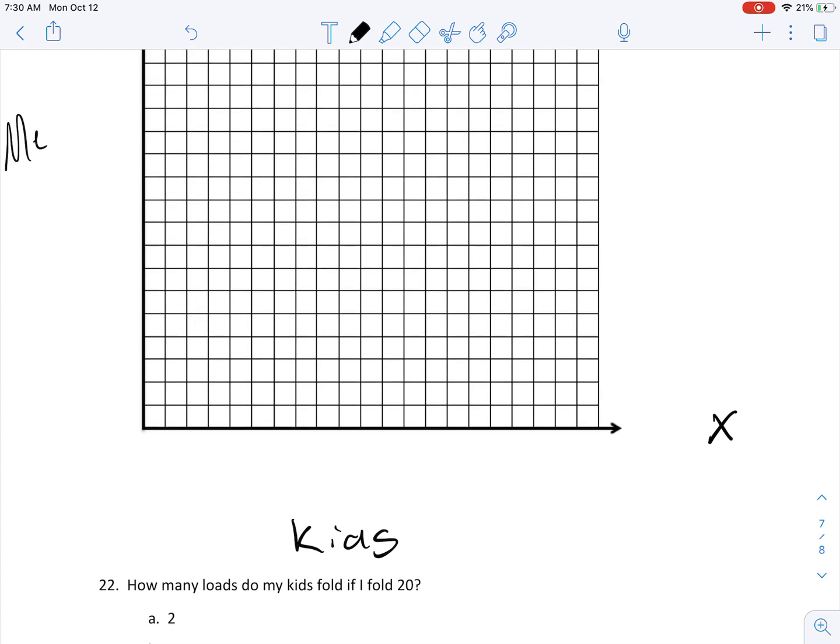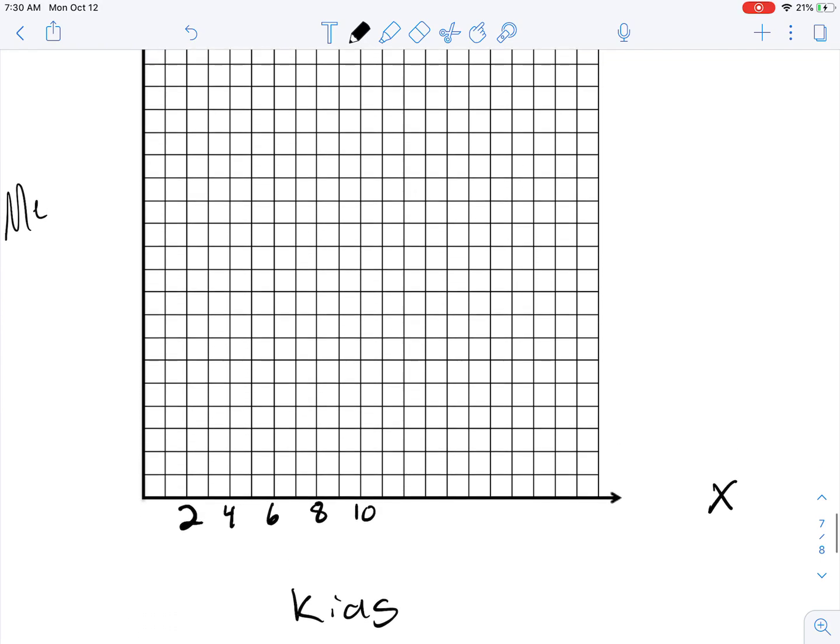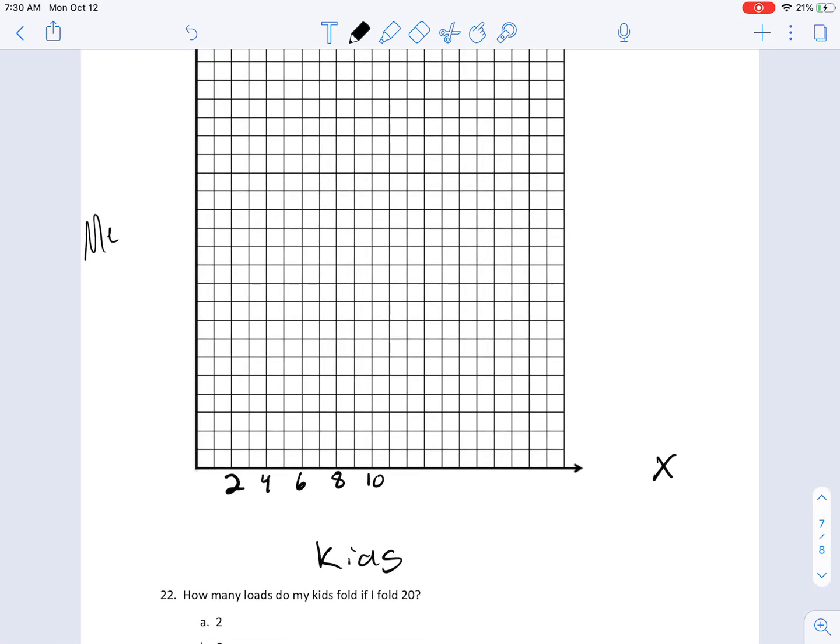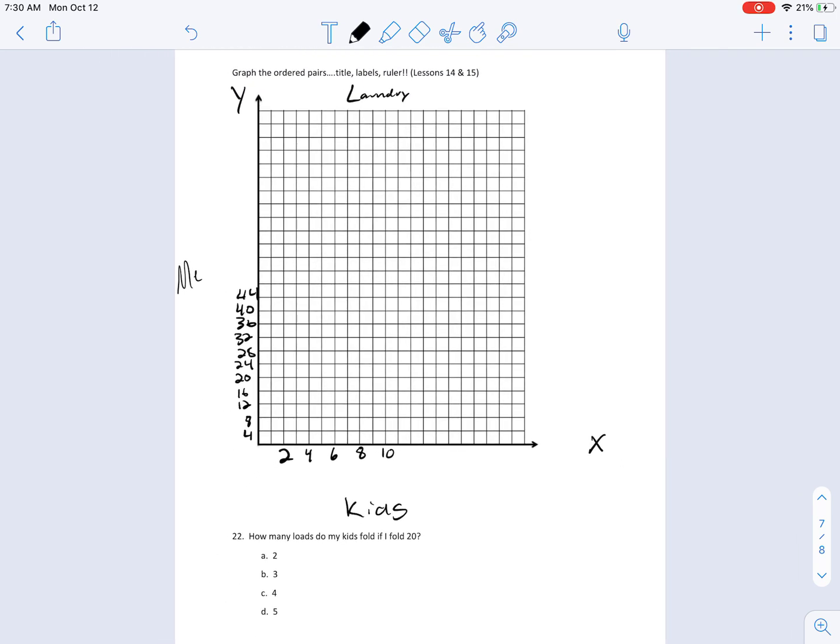So on this side, I'm going to count up by 2s. 2, skip a line, 4, skip a line, 6, 8, and 10. So I'm good there. Now on the vertical, I'm going to count up by 4s. So 4, 8, 12, 16, 20, 24, 28, 32, 36, 40, and 44 just in case. Now my first ordered pair was 2 to 8.